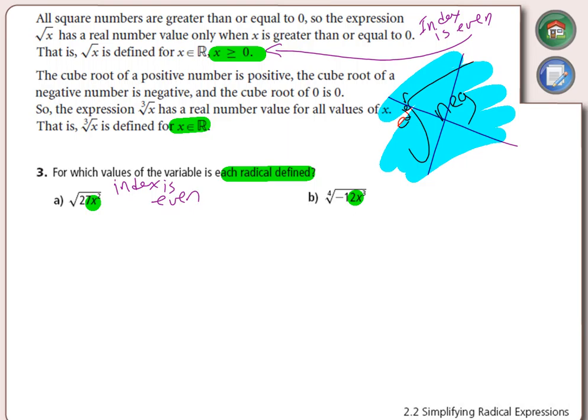Whatever's underneath the radicand has to be positive. Let's write that. Radicand must be positive. That's for an even root. For an odd root, no problem. Radicand can be anything.